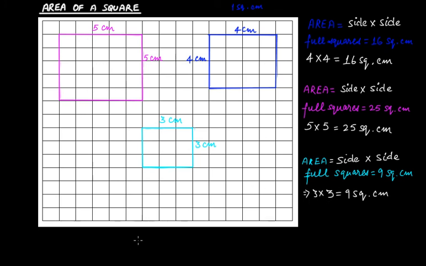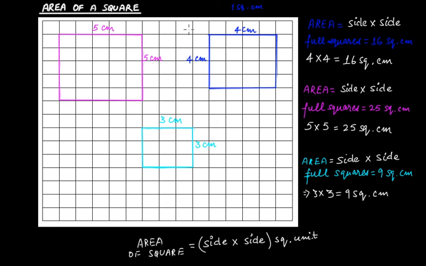So what's the formula to calculate the area of a square? The area of a square will be the length of one side, that is, all the sides are equal, therefore length of side times length of side, and square unit.